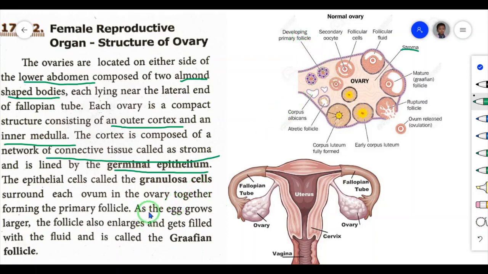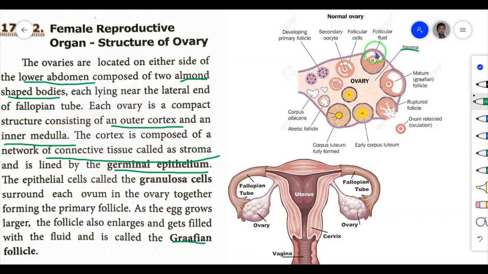As the egg grows larger, the follicle also enlarges and gets filled with fluid. The egg grows larger, that is a secondary oocyte, the second stage.